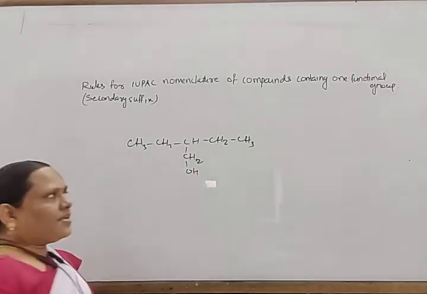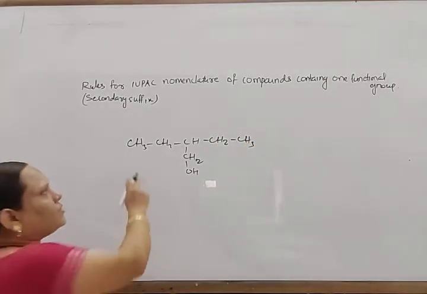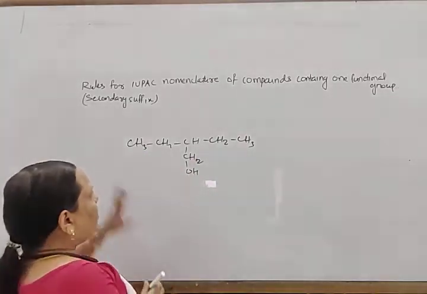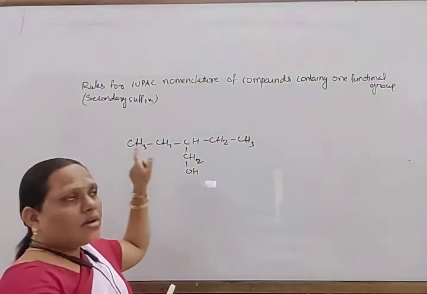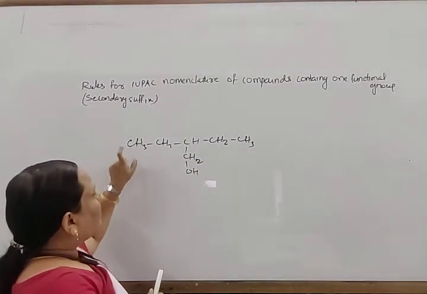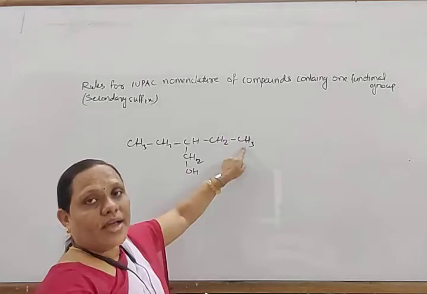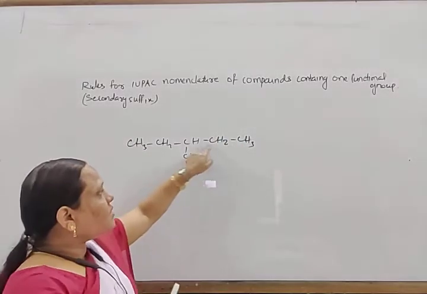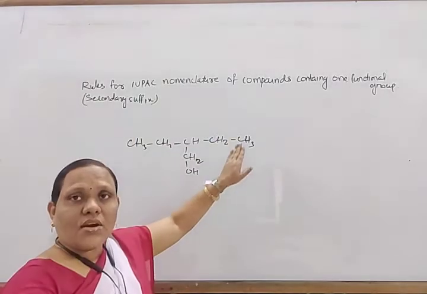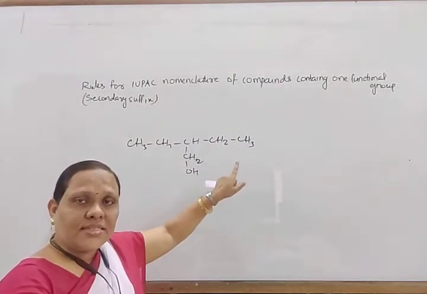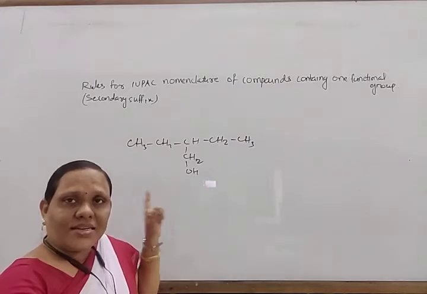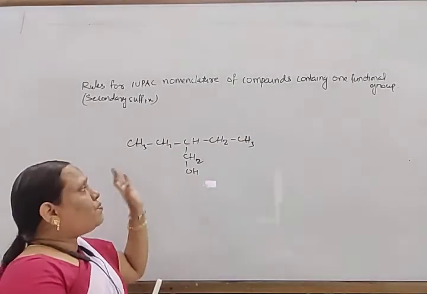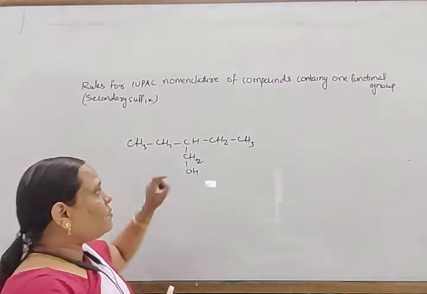Now, if we consider the long chain, it actually contains 1, 2, 3, 4, 5 carbons. But this is not the parent chain. Although it is the long chain, it is not the parent chain. The parent chain should be selected as the chain which contains the functional group.